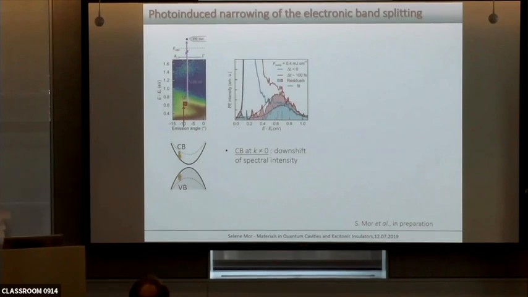I don't think you have the resolution to distinguish electrons being emitted from the top of the valence band or the bottom of the conduction band. The work function of this material is 5.4. The probe photon energy is 5.28, which means that we cannot really probe from the valence band with this photon energy.